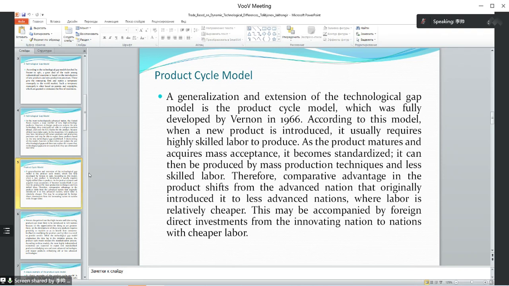It can then be produced by mass production techniques and less skilled labor. Therefore, comparative advantage in the product shifts from the advanced nation that originally introduced it to less advanced nations, where labor is relatively cheaper. This may be accompanied by foreign direct investment from the innovating nation to nations with cheaper labor.